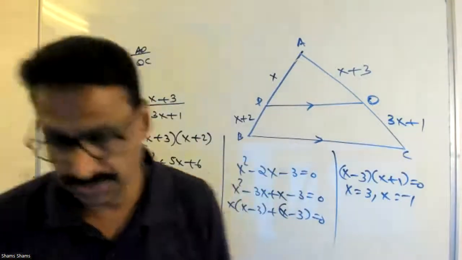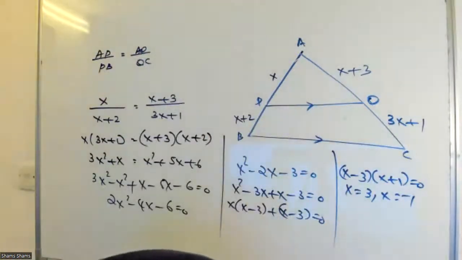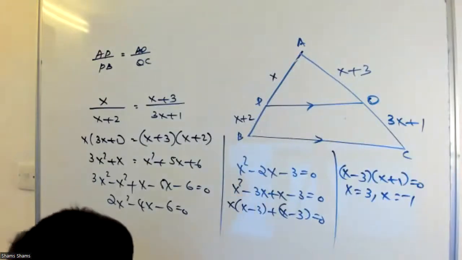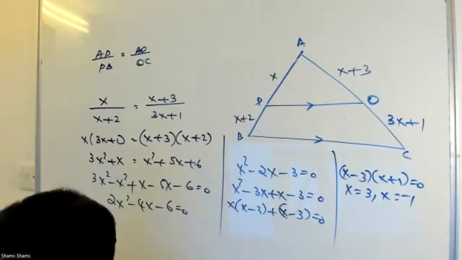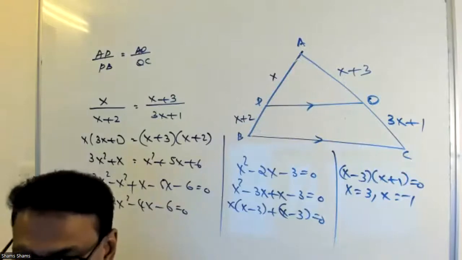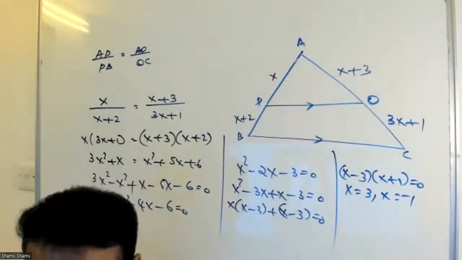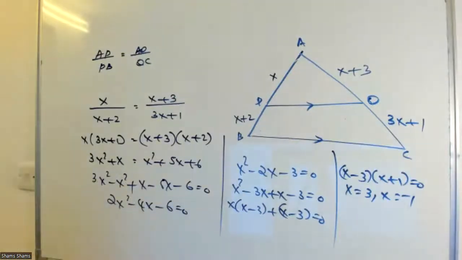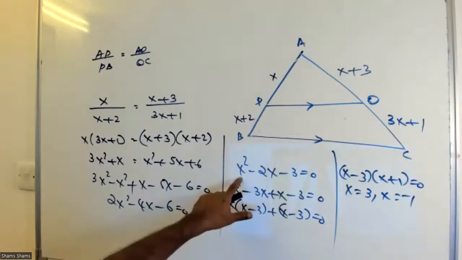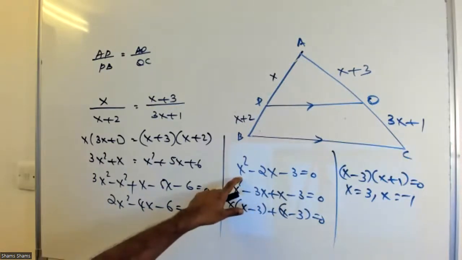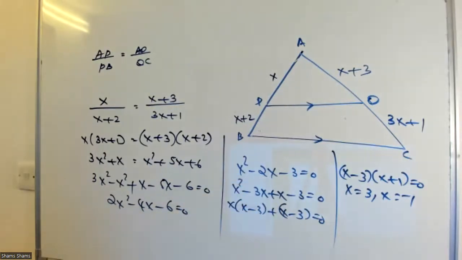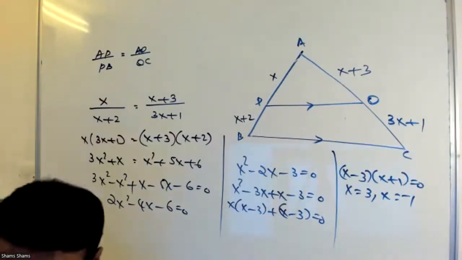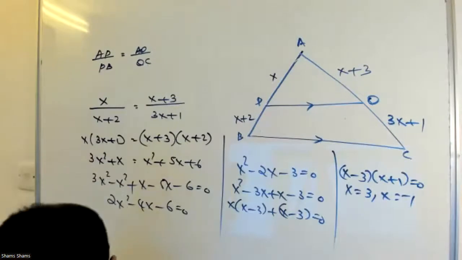You are studying this in class 8, 9, 10, three years now. Sarah, corrected now? It is not x equal to 2, x equal to 3 only. Muhammad Hafiz, you got it? Yes, sir. Okay, so next question.